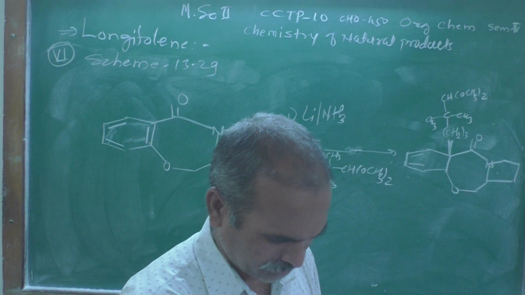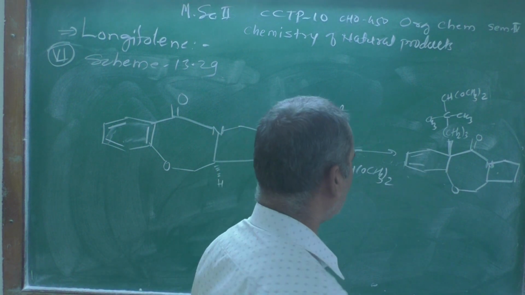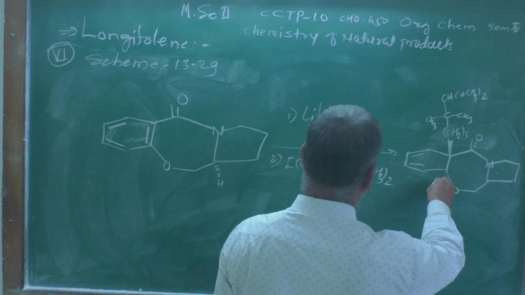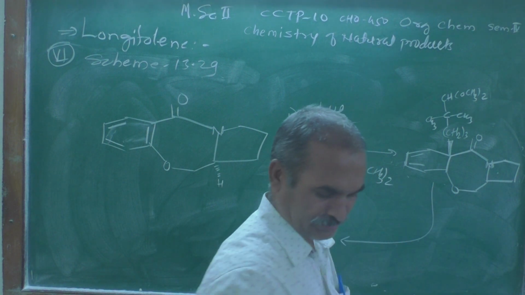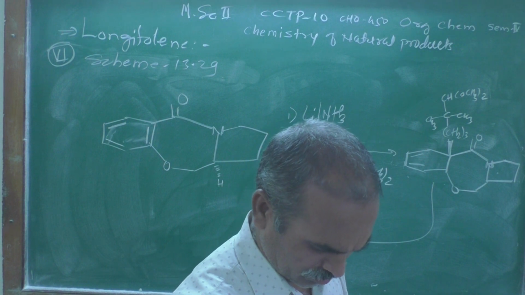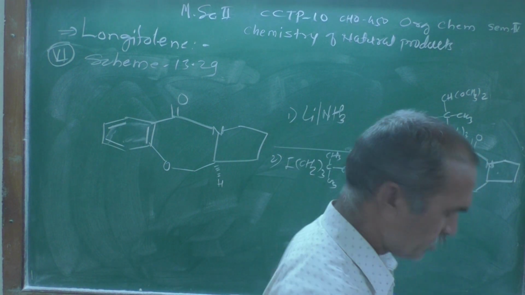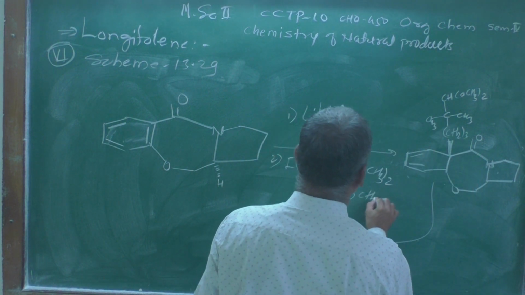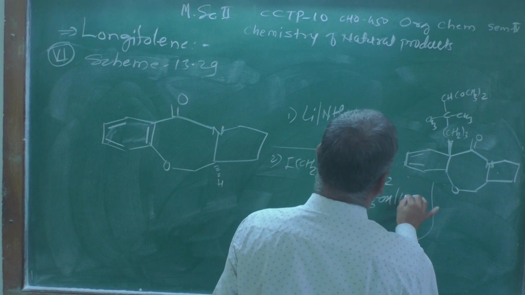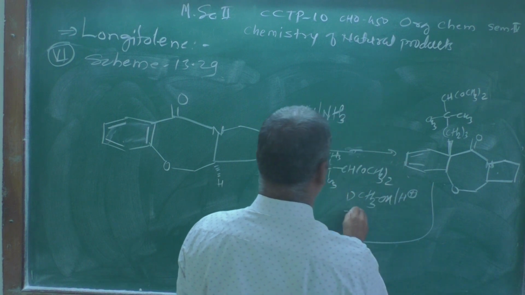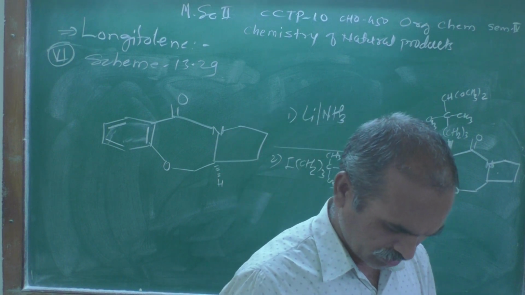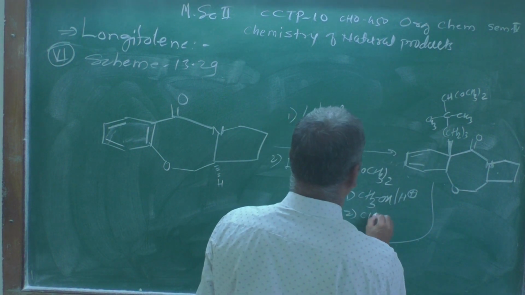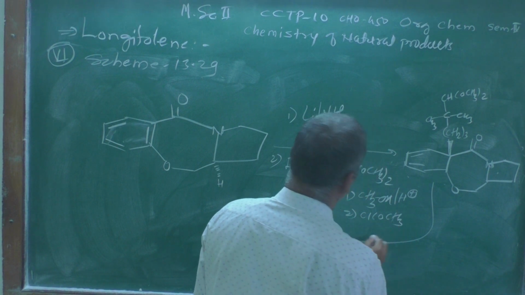And after this, the reagents are added like this. The first one will be methanol in acidic condition, CH3OH in presence of H plus. The second reagent added is acetyl chloride, Cl, CO, CH3.